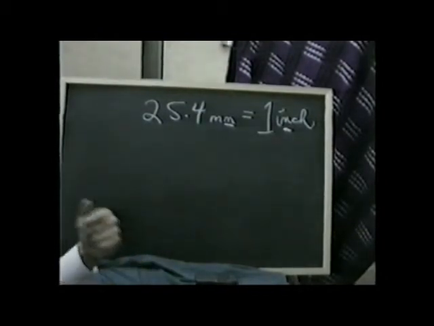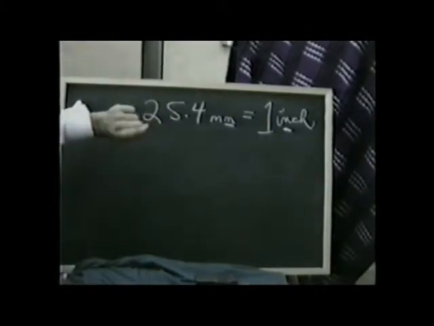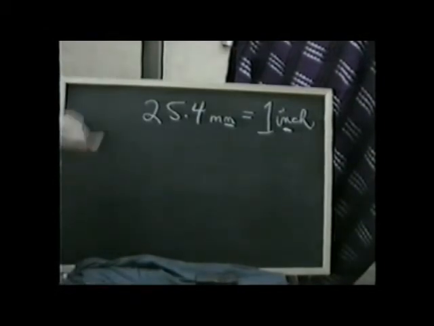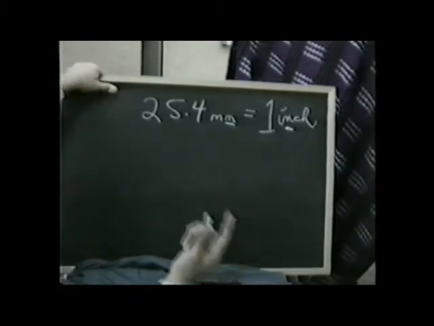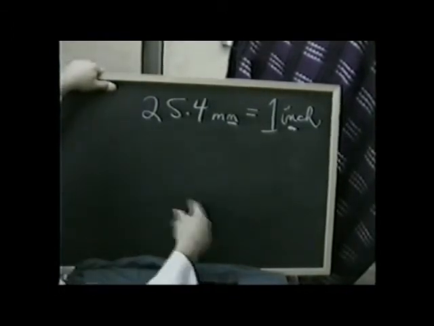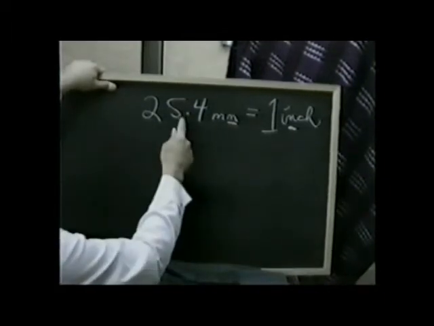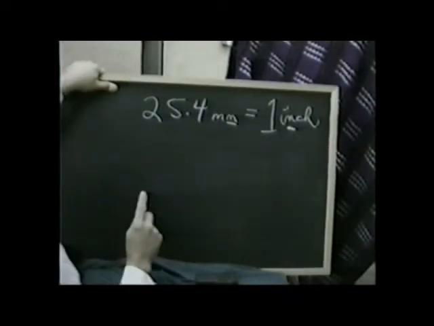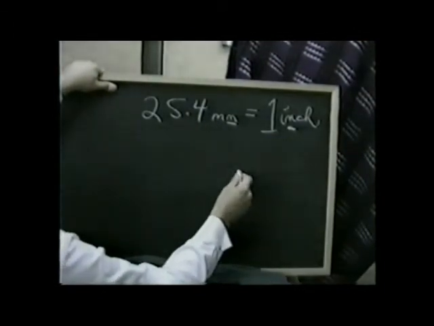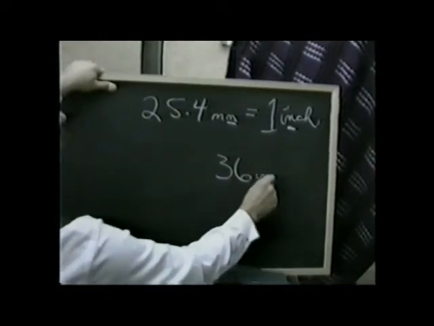We know there's 12 inches in a foot. We know there's 3 feet in a yard, 36 inches in a yard. Well, meters is where we're kind of new, so we get all confused and baffled, but we don't need to because we have everything we need. So let's convert. Say we want to know how much of a yard is in a meter, or vice versa. Well, if we know 1 inch equals 25.4 millimeters, the question would be how many meters are in 36 inches?